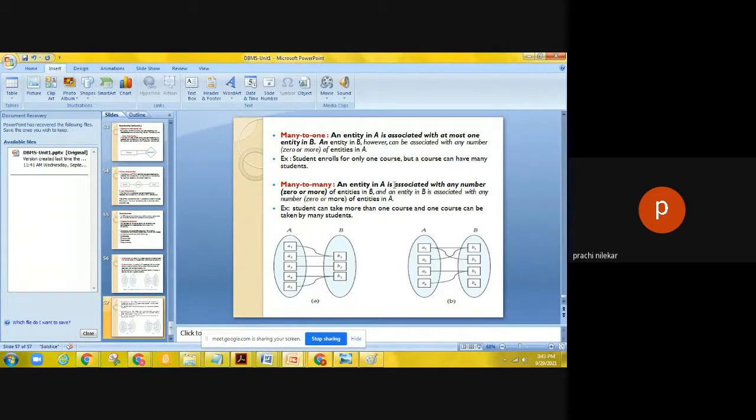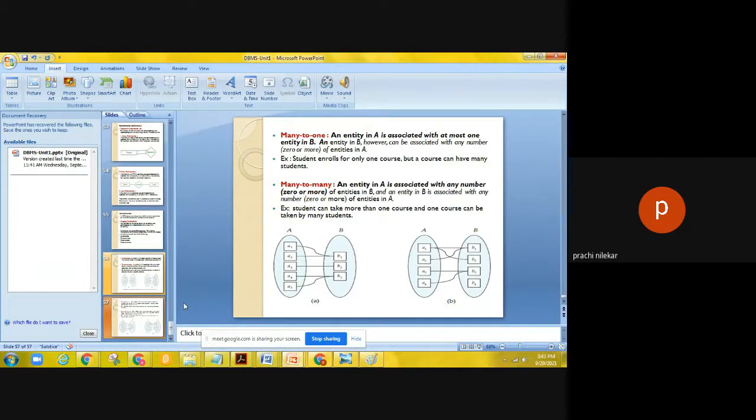And an entity in B is associated with any number of entities in A. For example, assume students can take more than one course at the same time and one course can be taken by many students. This is the many to many cardinality.